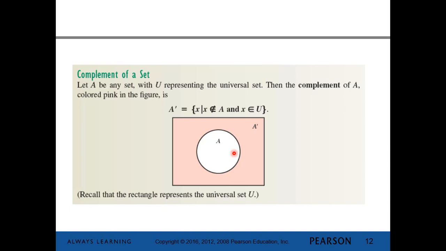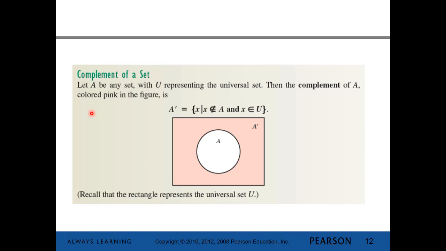Now here's another thing we have to understand: the complement of a set. The complement of a set is everything that's not in the given set. If I have a set A and I would like to describe the complement of A, I would describe it as everything that is not in A, but in the universe, our universal set.